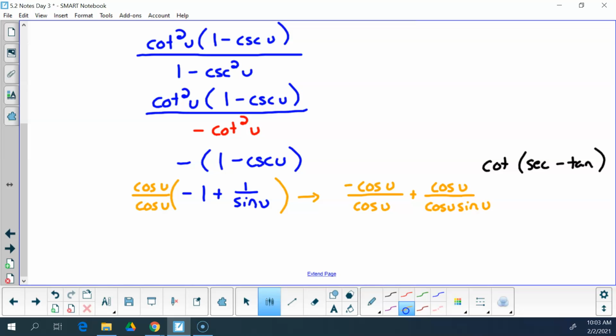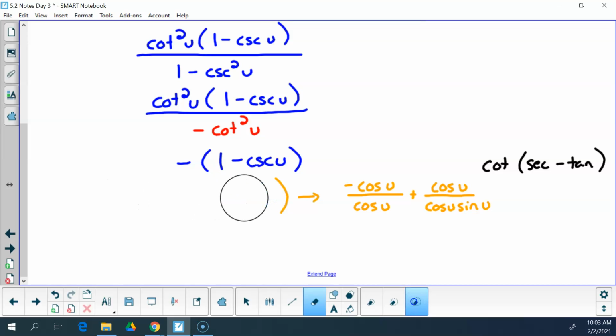The next question. Did anything pop off of that? I don't think so. Okay. Would it help if we went sine over sine? Probably get the same thing then, wouldn't we? Right? Okay. So that's not going to help. Okay? And hey, it's okay to try something and it doesn't work.